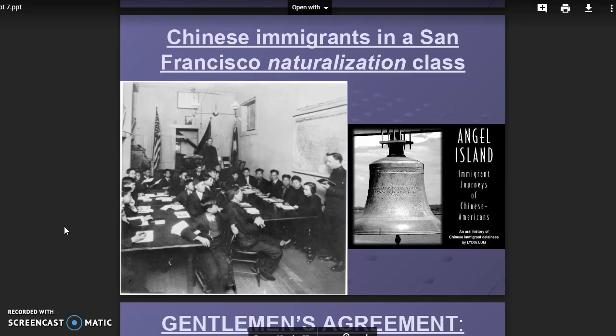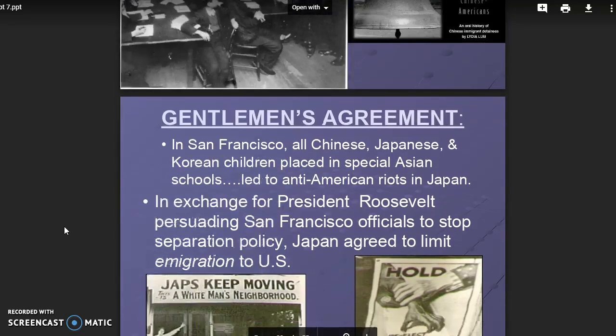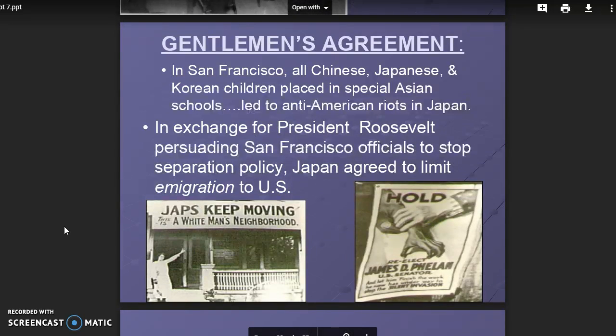Question number 11, describe the causes of the Gentlemen's Agreement. Okay, so on this slide, the Gentlemen's Agreement. In San Francisco, all Chinese, Japanese, and Korean children were placed in special Asian schools that led to anti-American riots in Japan. In exchange for President Roosevelt persuading San Francisco officials to stop the separation policy, the Japanese agreed to limit emigration to the United States.